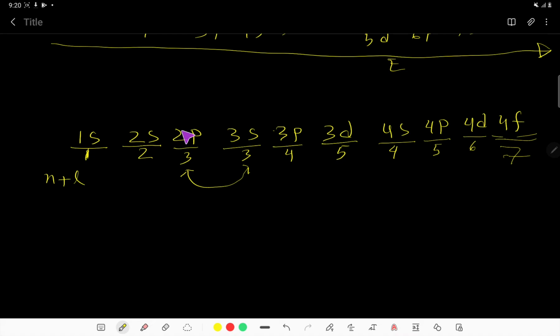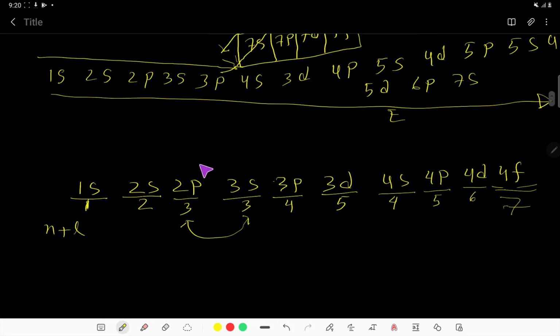The lower value of n is here 2. So the electron will enter 2p. So look, after 1s electrons will enter 2s, then 2p. After 2p the energy of 3 will come here, that is 3s, right?